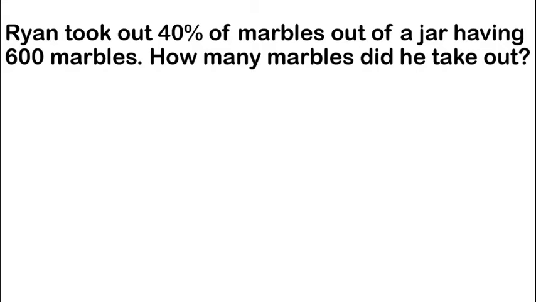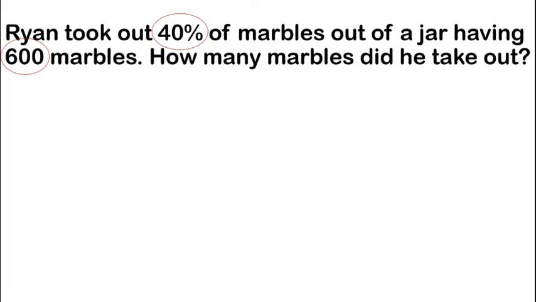So after reading the word problem, we have the given numbers. We have the 40% that he took out and the total number of marbles inside of the jar, which is 600 marbles. After getting the important numbers, we need to find the keyword.